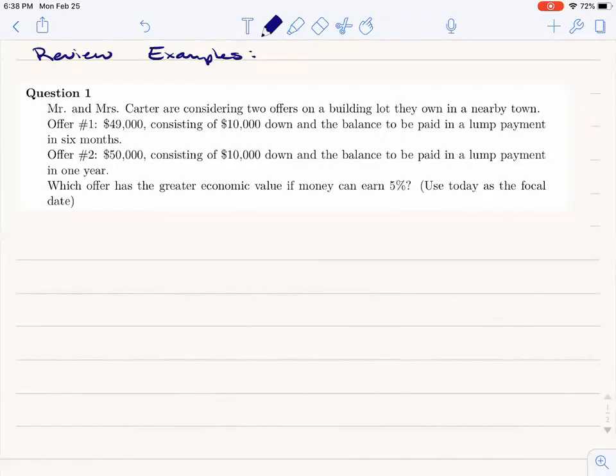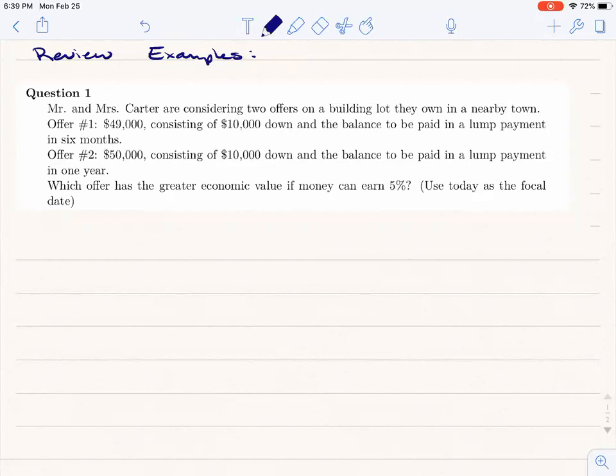But because we're getting 40,000 of that in a year from now and not in 6 months, that could make a difference, right? Because when we discount it, calculate the present value of that 40,000, it might be less than the present value of 39,000 6 months from now. So that's what we're going to figure out.